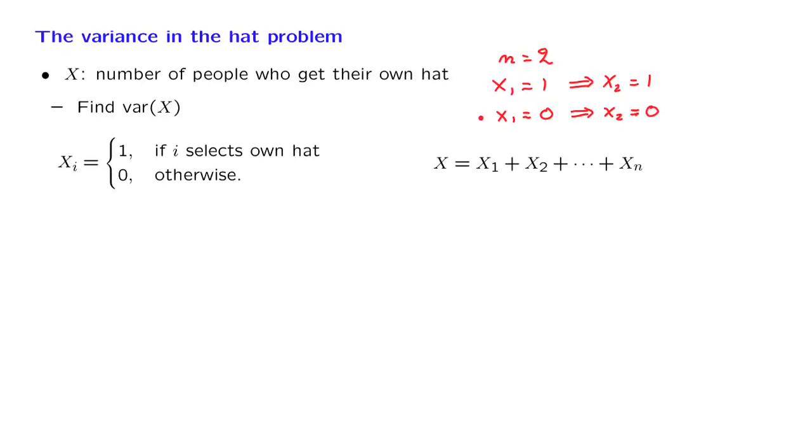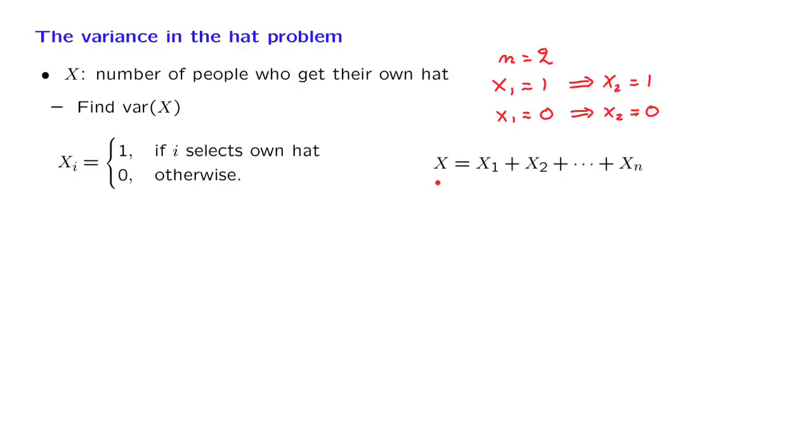Because in this scenario, person 1 gets hat 2, and that means that person 2 gets hat 1. So we see that knowing the value of the random variable x1 tells us a lot about the value of the random variable x2. And that means that the random variables x1 and x2 are dependent.